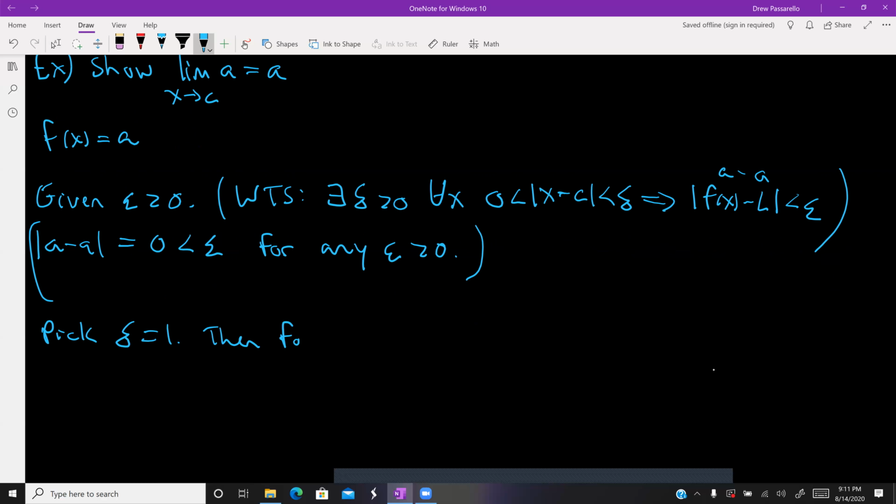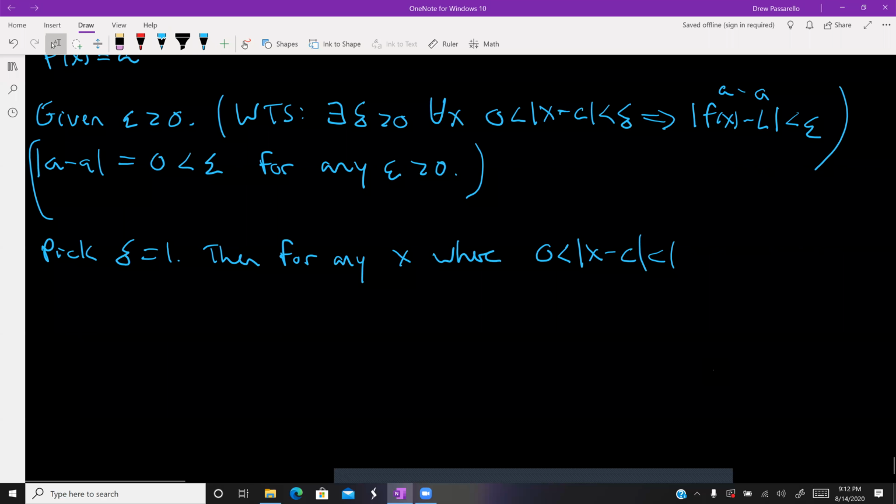Then for any x where 0 is less than the absolute value of x minus c less than 1, we have the absolute value of f of x minus L, which is a minus a, and that's less than epsilon because that's 0.